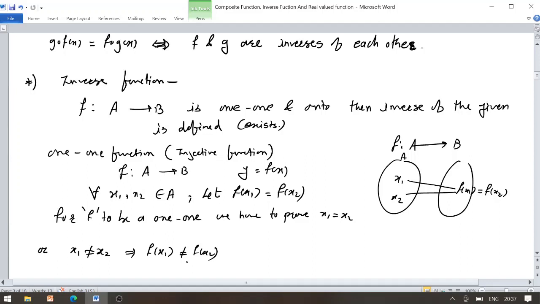Now what will happen if f of x1 equals f of x2 and that implies x1 is not equal to x2, then at that time we have a many-one function. So two different elements from the set A, or we might say the domain of the function f, are related to the unique element from the codomain of the function f, then such types of functions are said to be many-one functions.